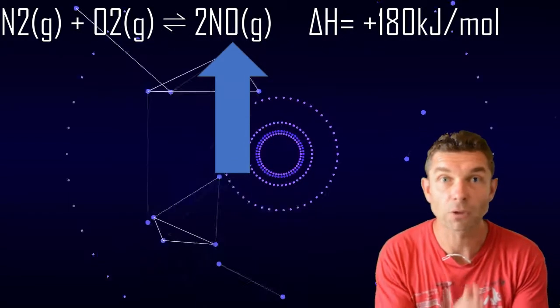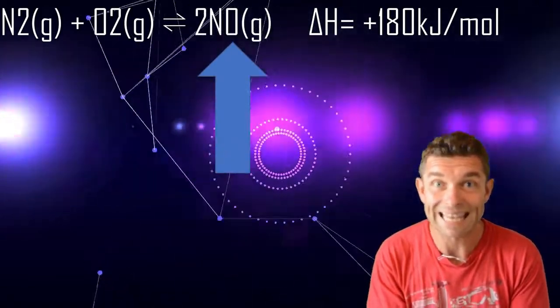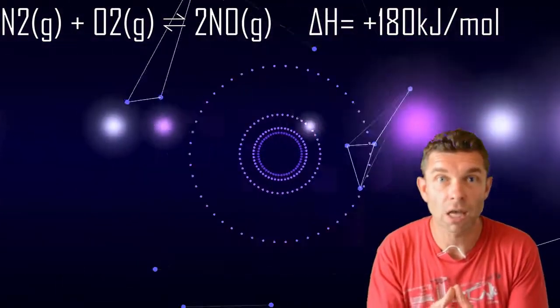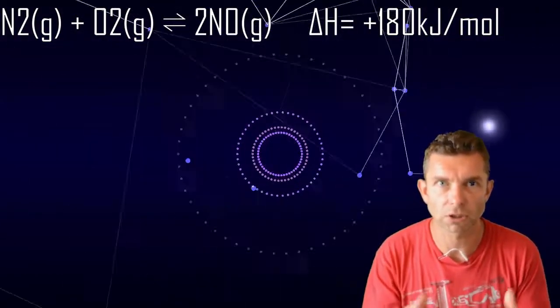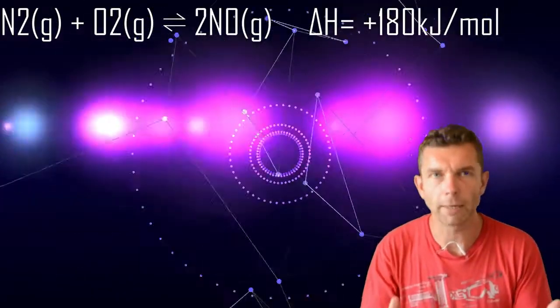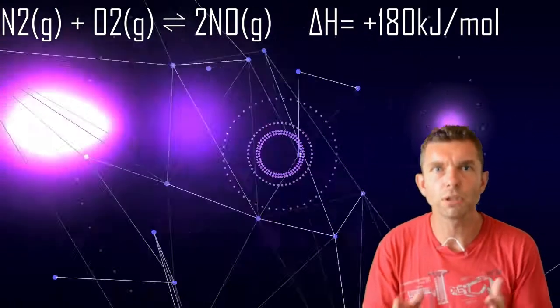Remember, as that reaction happens, it's taking in energy. So that energy is taken in from the surroundings, it's cooling the surroundings down. So that's the change that it's opposing, is the heating up, and it's cooling it down. Okay, so what happens if I cool this reaction down?